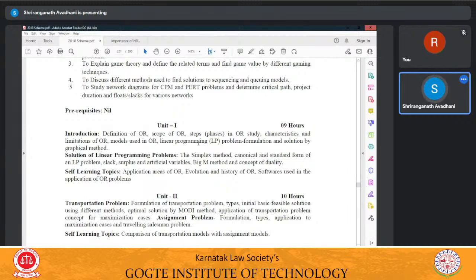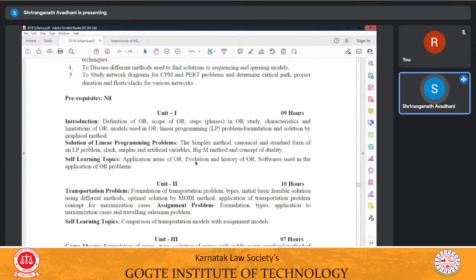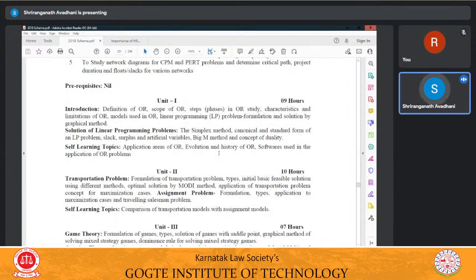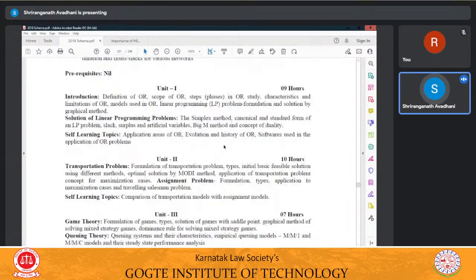Then unit 2, it is the biggest or the lengthiest unit: the transportation problem and assignment problems. Here we are going to study various methods for optimizing or minimizing the transportation cost. We'll be finding the initial basic feasible solution by various methods like Vogel's approximation method, minimum cost row entry method, minimum cost column entry method.